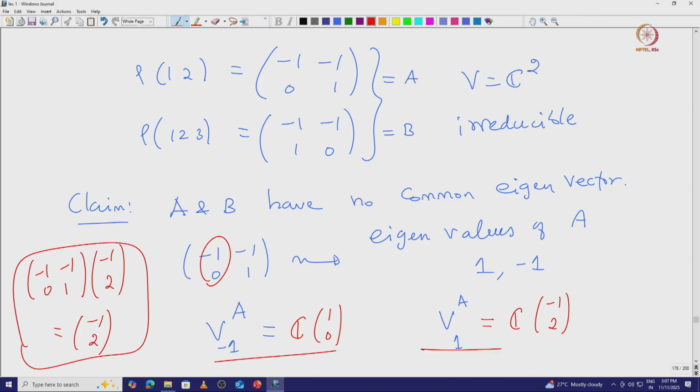So these are the eigenspaces, and C2 indeed decomposes as V minus 1 of A direct sum V1 of A.